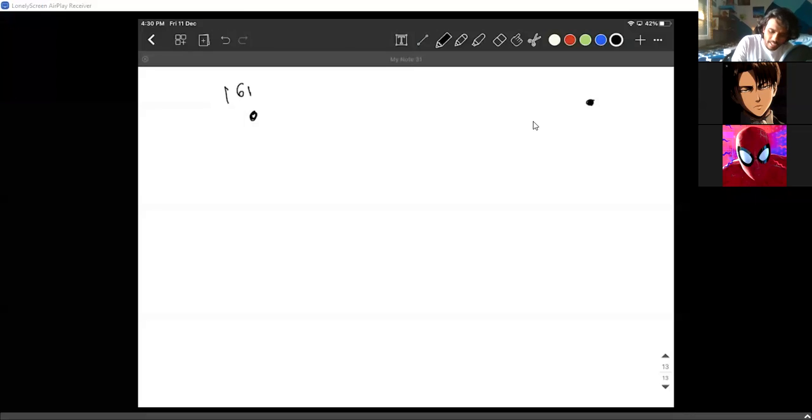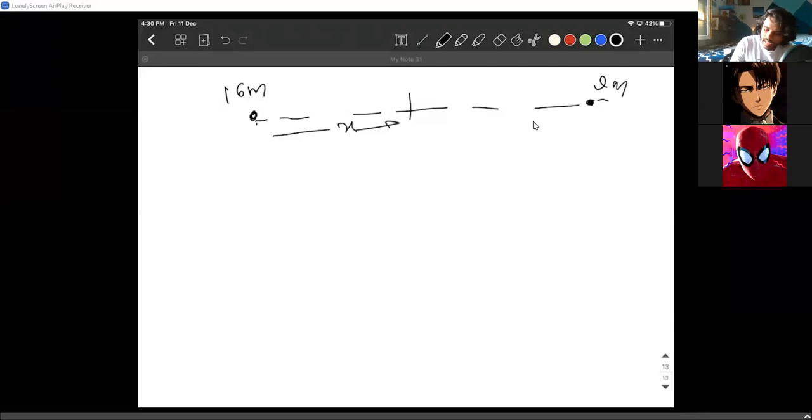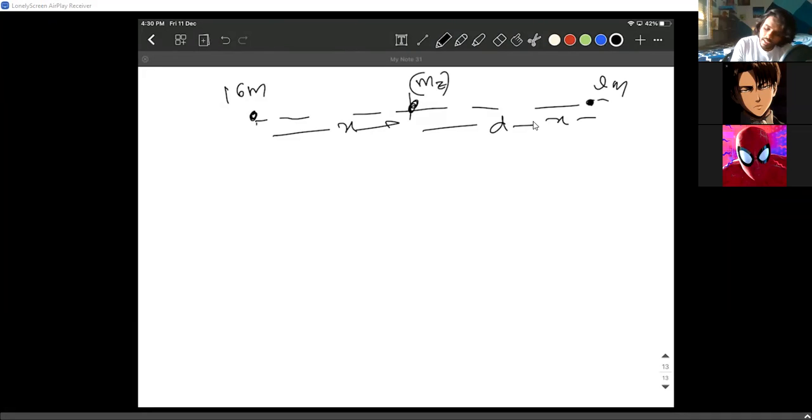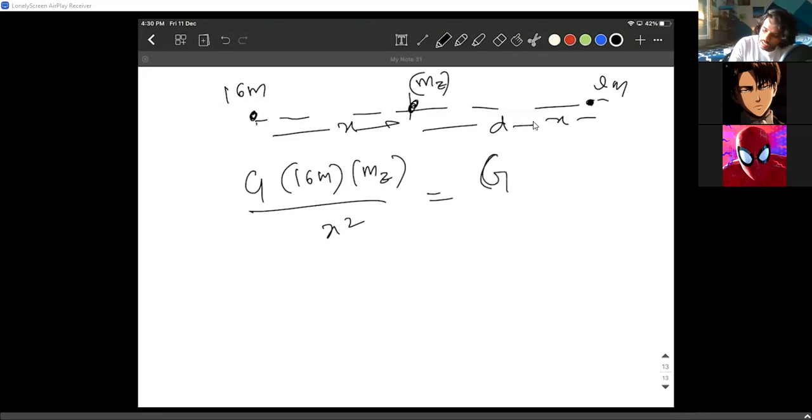Just say I have 16m and 9m, and the null point is somewhere around here, so I write it as x and d minus x. I put some mass mz randomly. I write the forces as 16m into mz by x square, G 9m into mz by d minus x square.